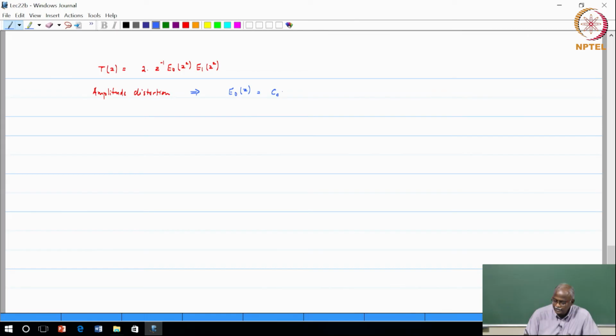I will call this some C naught times Z power minus N naught, and E1 of Z is C1 times Z power minus N1. Okay, some two different delays. That is the only condition under which they will have no amplitude distortion. Now you may say, well, can they cancel each other?